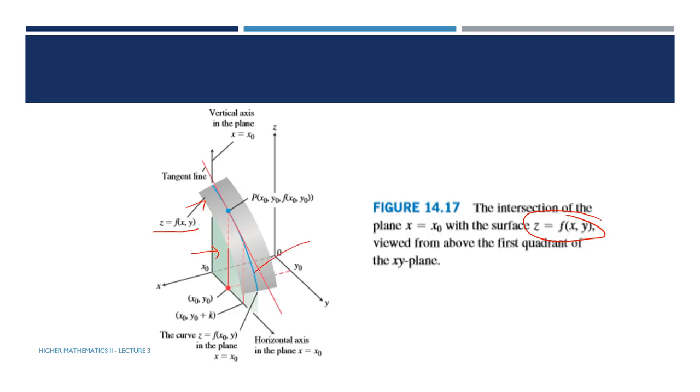We are calculating the derivative at point P, and the red line is the tangent line. I think it's understandable because it's similar to the partial derivative of a function with respect to x, and this is the partial derivative with respect to y.